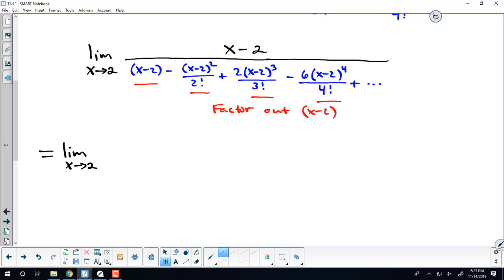The top is just 1. The bottom, we've reduced those x minus 2's by 1 less because we factored 1 out. So that first term would be 1. Then we would have minus x minus 2 to the first over 2 factorial plus 2 times x minus 2 squared over 3 factorial and so forth.